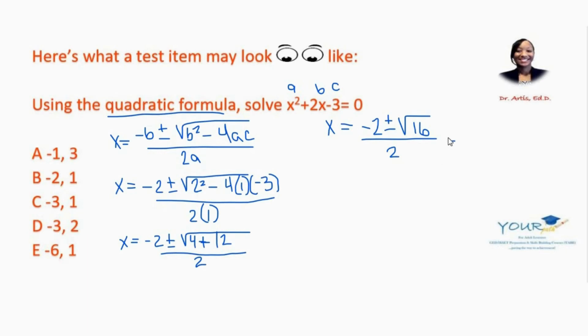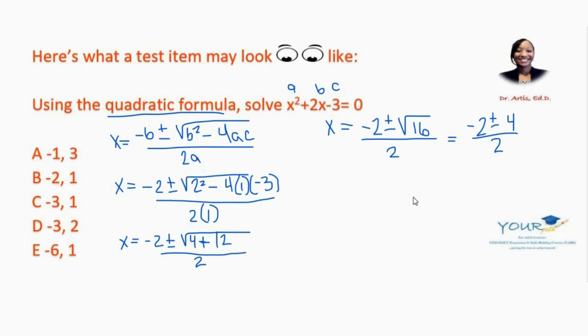When we simplify this further, we're going to get -2 plus or minus the square root of 16 is 4, and this will be divided over 2.